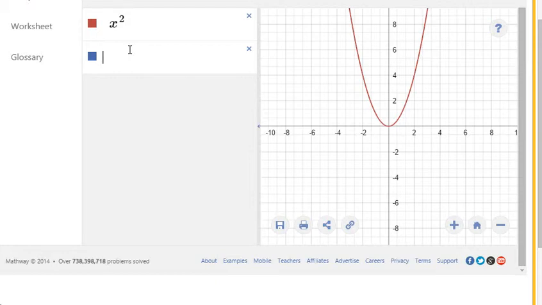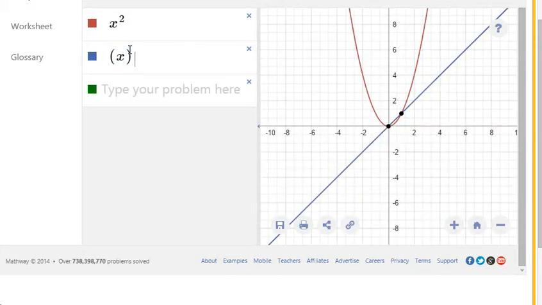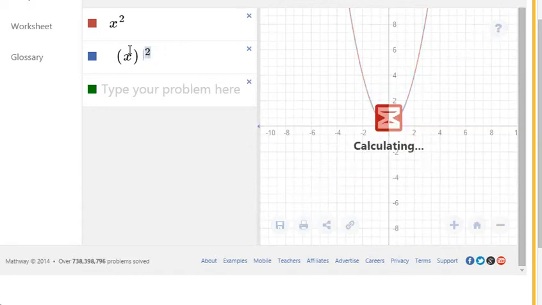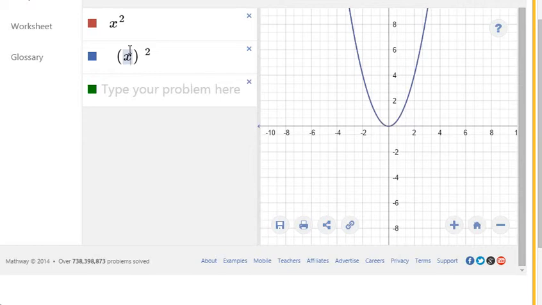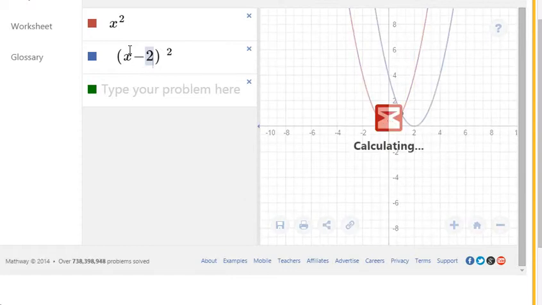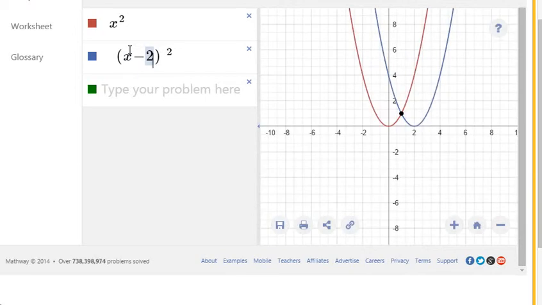I'm going to start with x, and we're going to square it first. And then I'm going to enter minus, and then put the 2 in. So I've shifted the graph over. The red graph goes over to the blue graph. So far so good, huh?